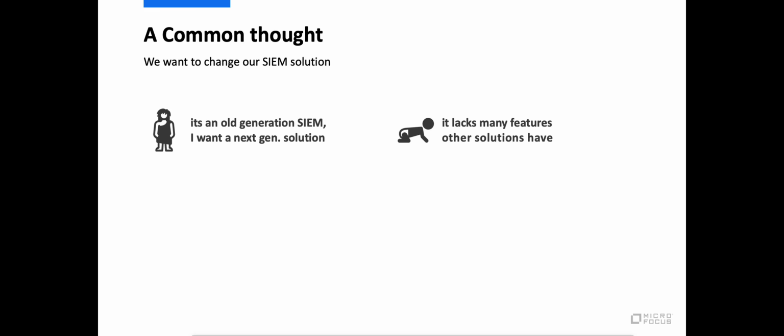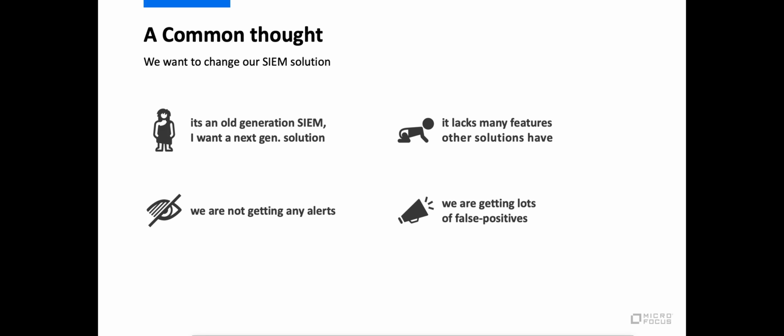As a result, they see that it's either not generating any alerts, or on the contrary, it's generating lots of false positive alerts. Ironically, in some cases, they bring the two reasons together: they're not getting any useful alerts, and at the same time, they're getting lots of false positives.